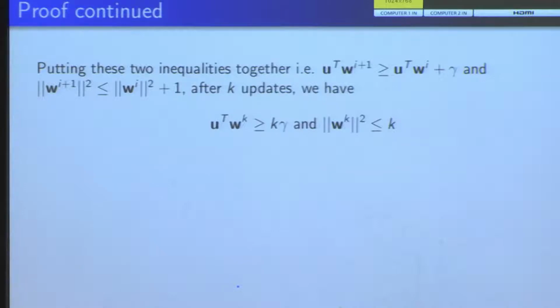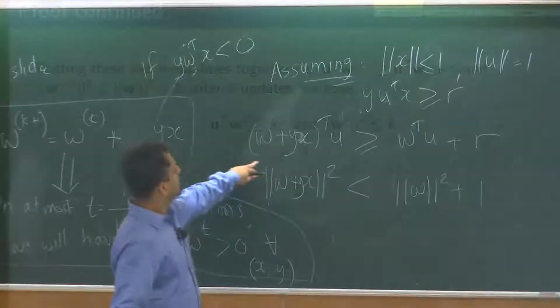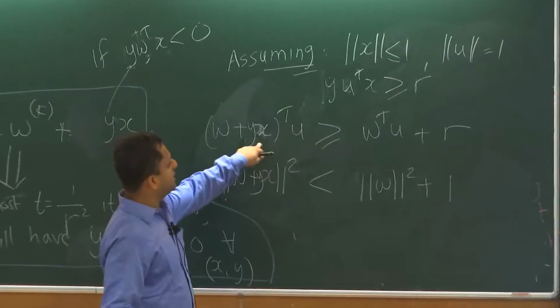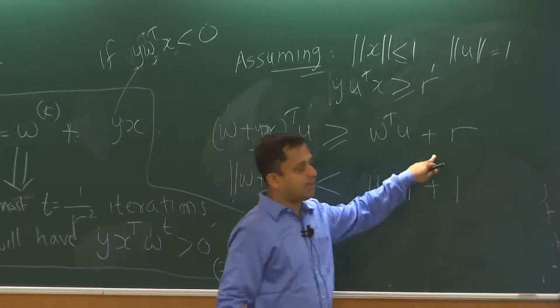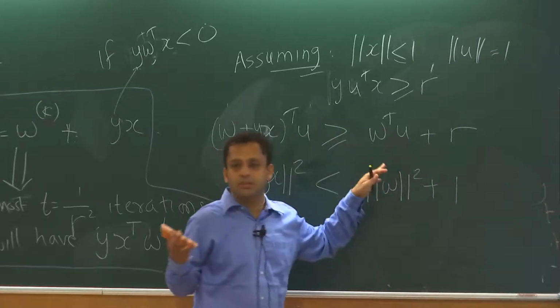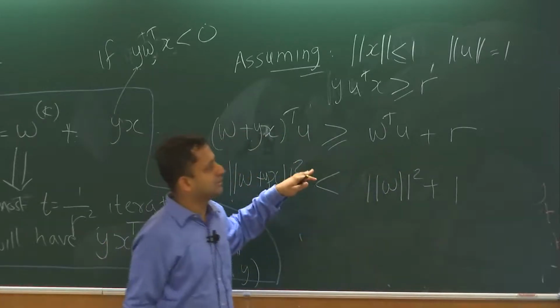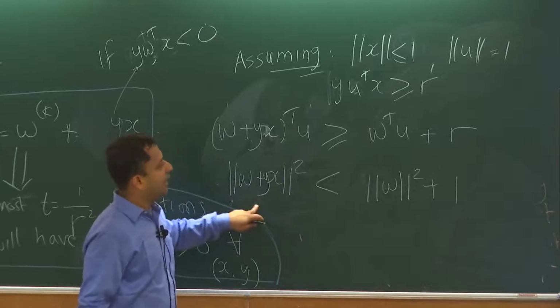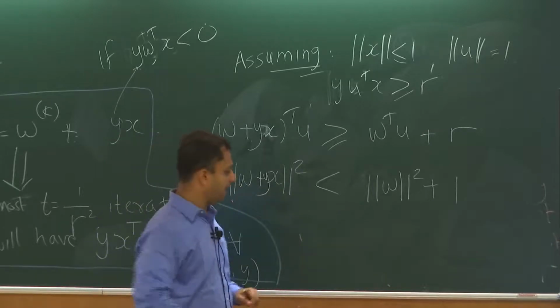When you put together these two inequalities and keep doing this for k updates, you will get that u transpose w after k steps will be at least k gamma. Let's say for the time being you initialize with w equal to 0 weights. And again this will be less than k.